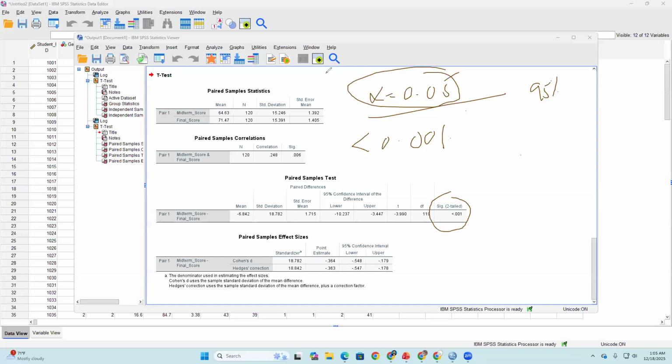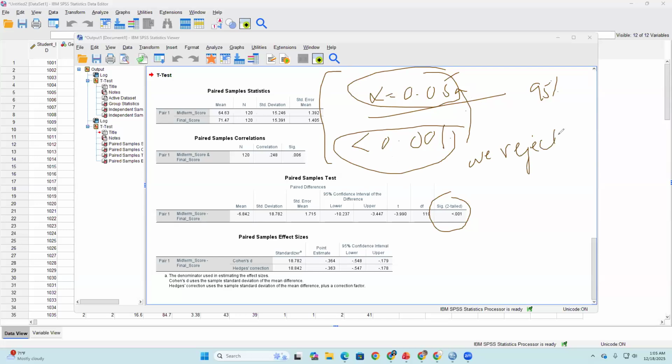Okay. In this case, what will you do with your null hypothesis? You will accept or reject? No, reject. When the obtained p-value is less than your alpha, we will reject the null hypothesis.